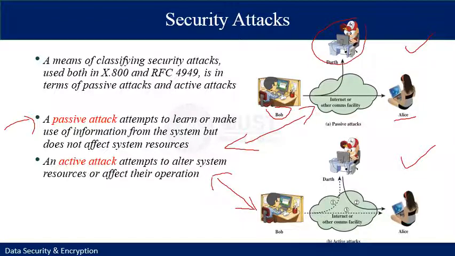Attacker Darth listens to the communication without making any changes to it. However, in the active attack, Bob and Alice are making the same communication, but Darth is intercepting the communication and then making changes to it, or communicating with the other party using the same communication link.